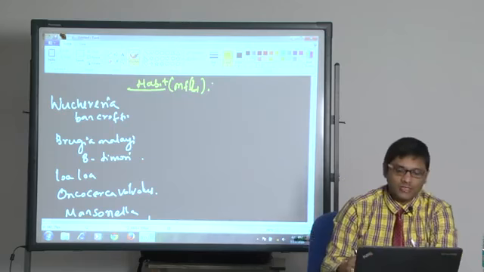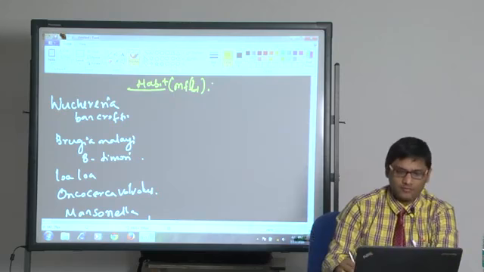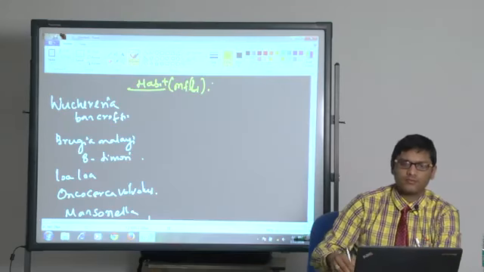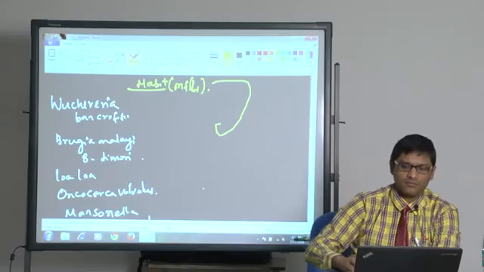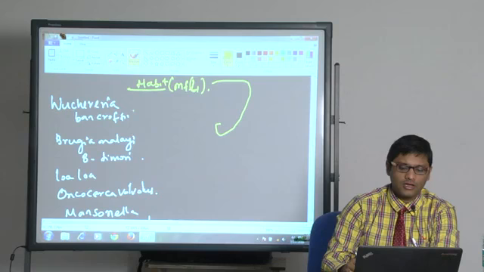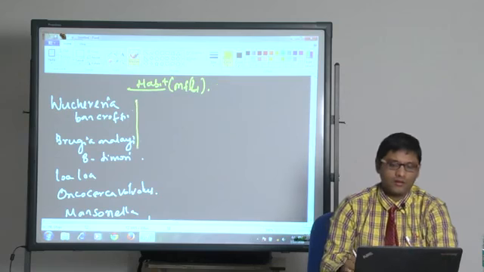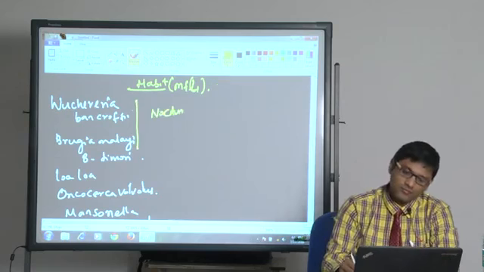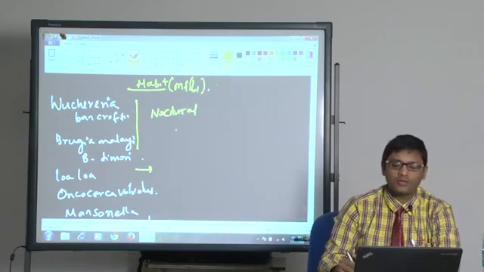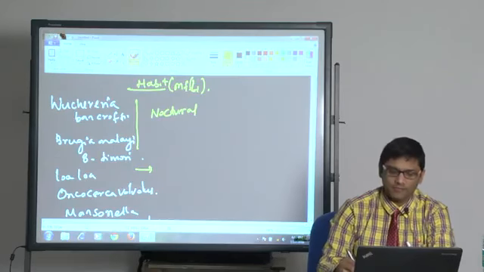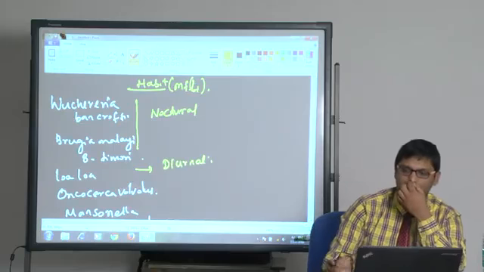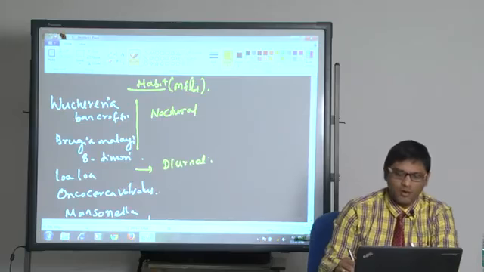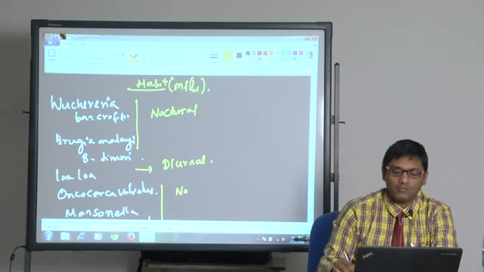Wuchereria bancrofti and Brugia malayi are nocturnal in habitat, meaning they will come to the blood at night. Loa loa is diurnal, that is, in the daytime it will come to the blood. Onchocerca and Mansonella are non-periodic.